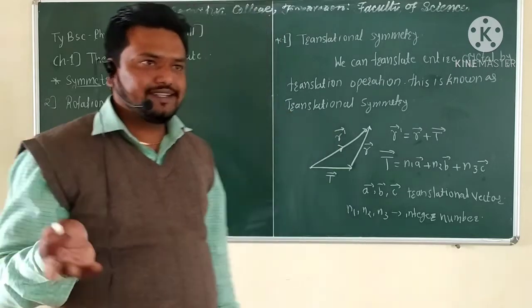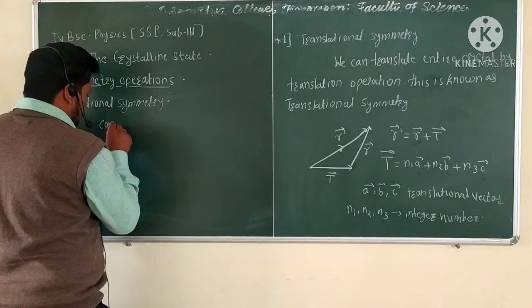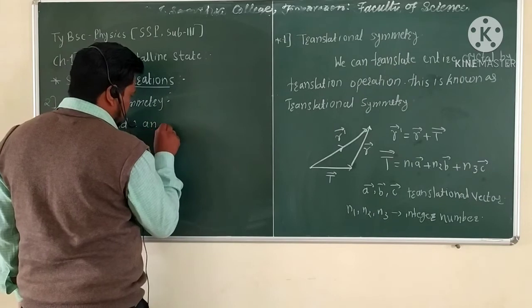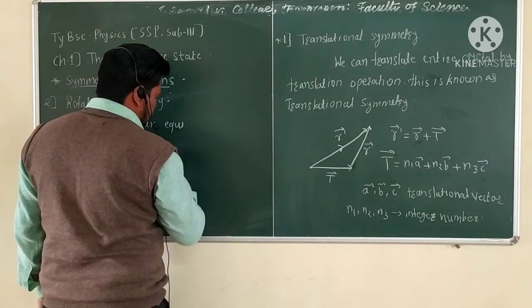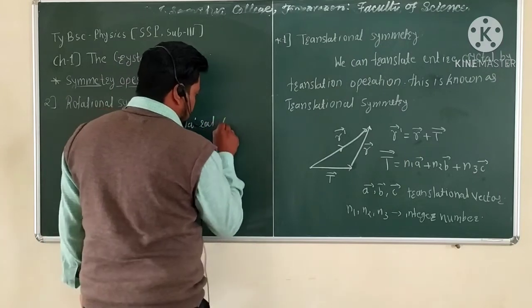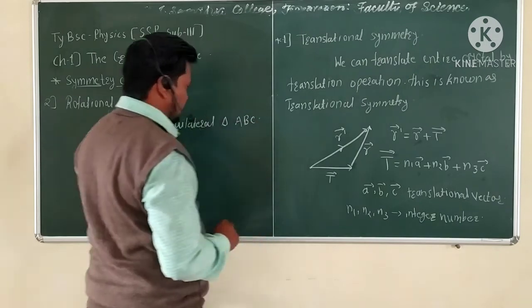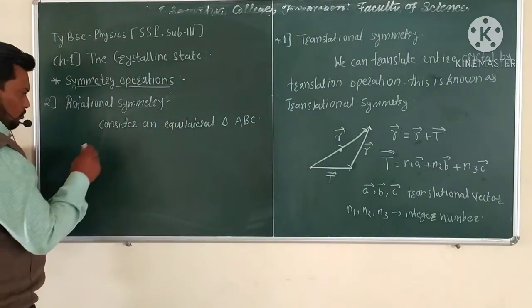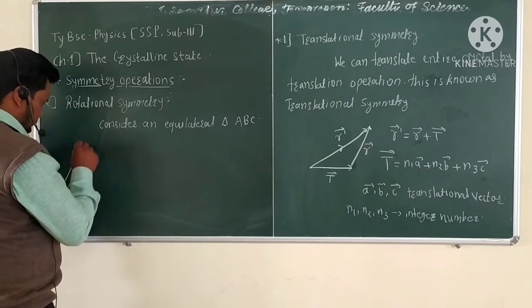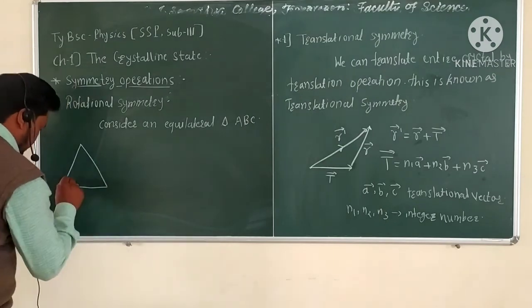So here consider an equilateral triangle ABC. As in the last lecture, we have a triangle with identical atoms at the vertices.